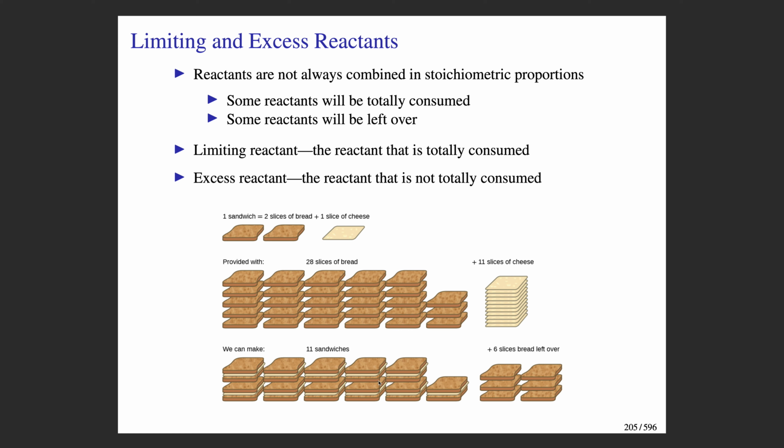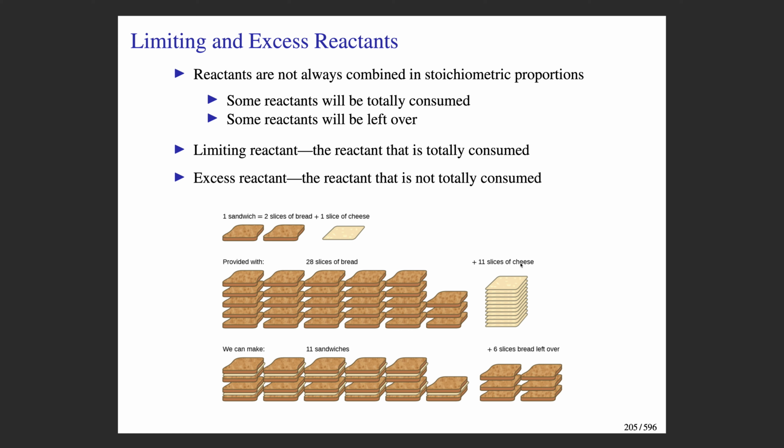And so the analogy here is given in this cheese sandwich diagram. And so the chemical equation for a cheese sandwich is that one cheese sandwich is equal to 2 slices of bread plus 1 slice of cheese. So suppose that you had 28 slices of bread and 11 slices of cheese.